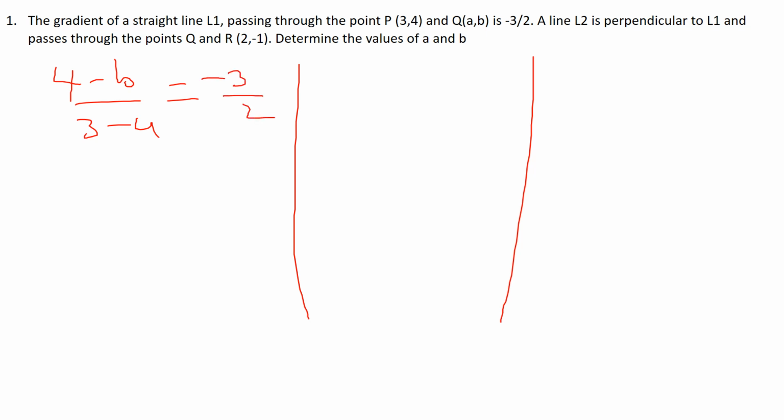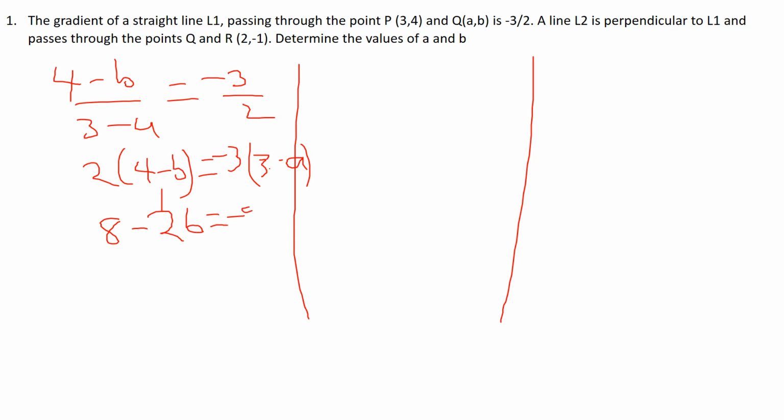If we cross multiply, this one is 2 multiplied by 4 minus b is the same as negative 3 times 3 minus a. So if we open this bracket here, we are supposed to get 8 minus 2b is equals to negative 9 plus 3a.